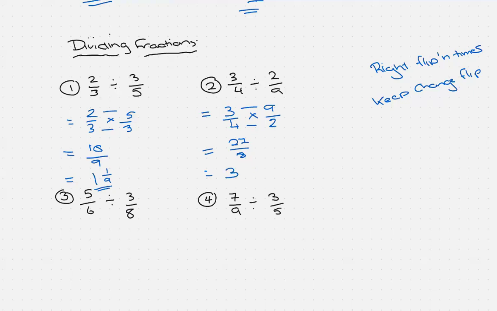Pause the video again and do the next 2. And once you've done the next 2, play the video and I'll go over it. Okay, so keep, change, flip. Then we're just timesing, times along the top.